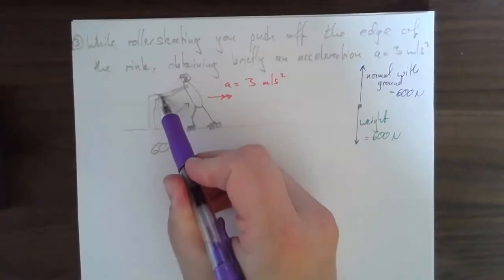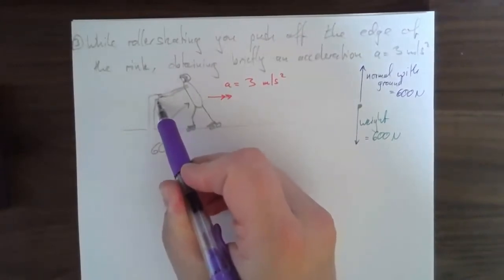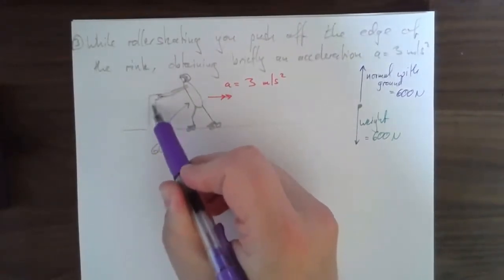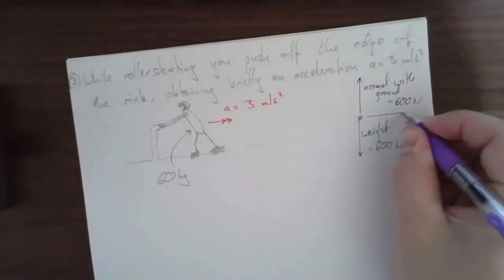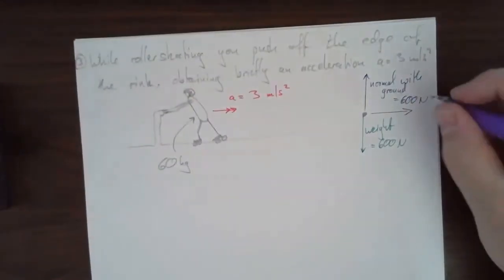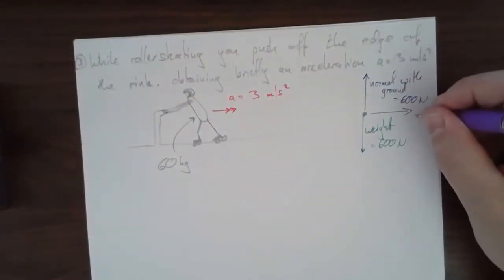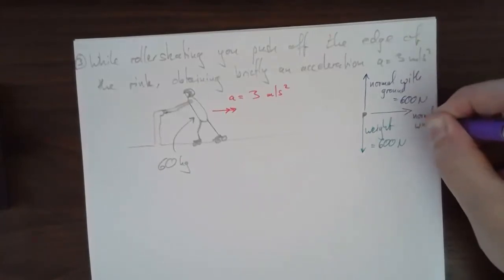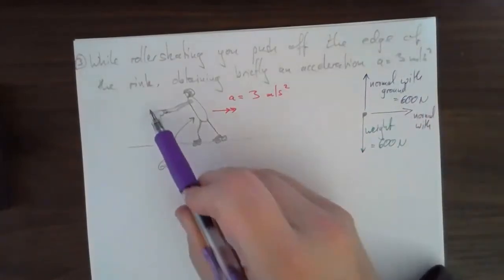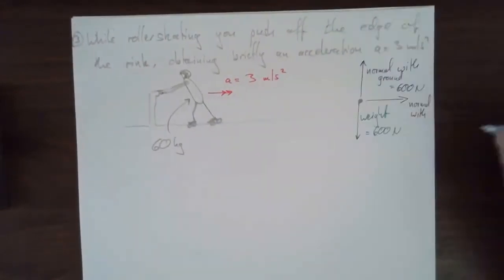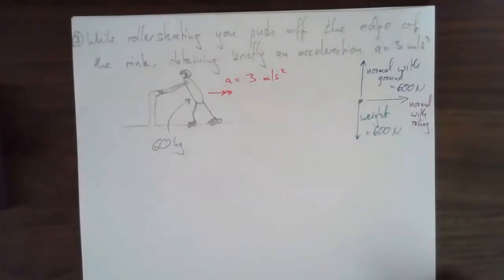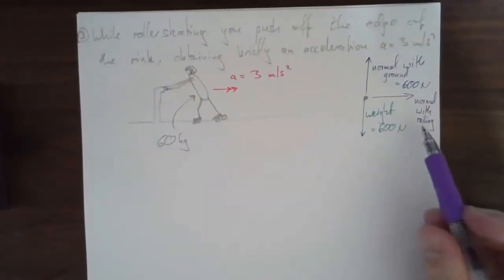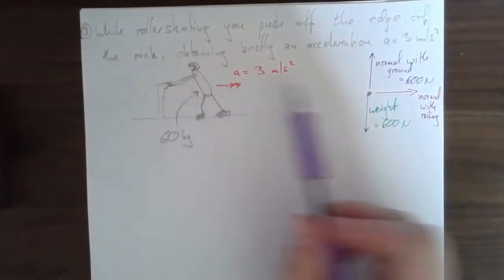So the force between your hand and the edge here where you're holding on. I wish I'd given myself more room. Live and learn. So let me call this the normal force with the railing. What is that? Well, that's the only force to the side.